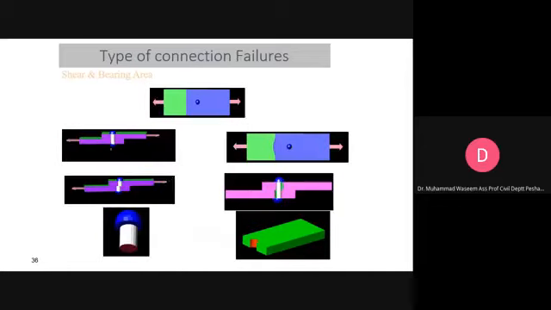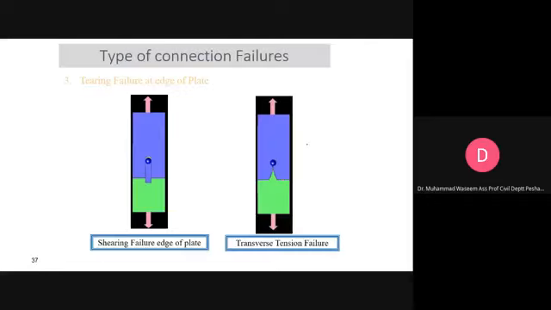Now, shearing and bearing. This is just a comparison between the bolt failure and the failure of the plate. The two cases we have discussed already. The third type of failure is not due to the bolt, it is in the plate.